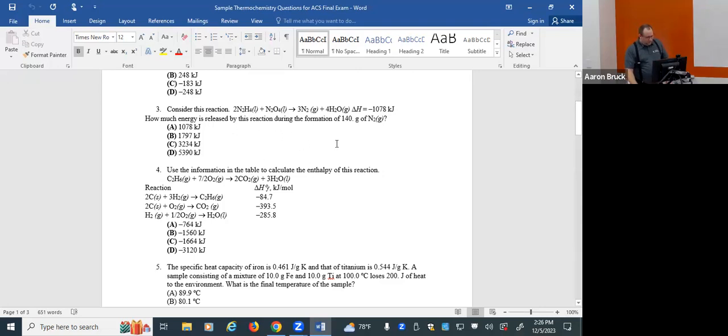So what we need to do is, this is basically a stoichiometry kind of problem. We need to take those 140 grams of nitrogen and turn them into moles, and then turn that into energy.